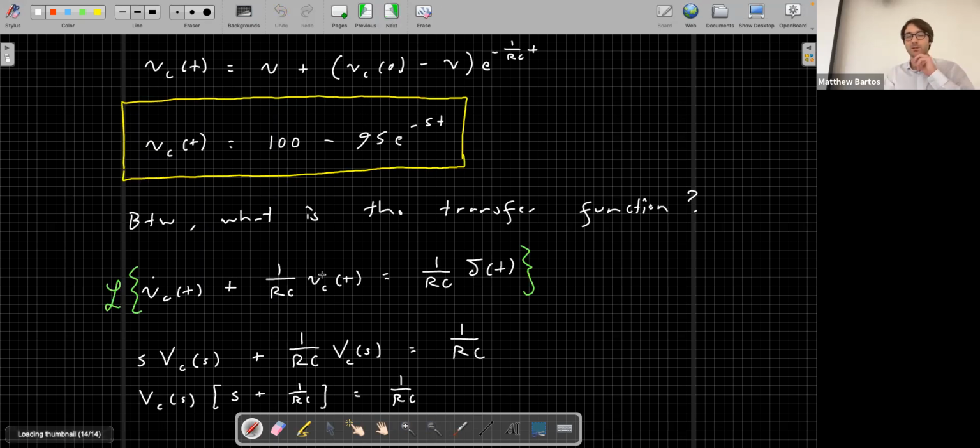Note that I probably wrote this in a way that I should not have here. The transfer function is when you're trying to go from some input u of t to some output. So actually, this is just some generic input u of t. When we take the Laplace transform, we get 1 over RC times U of s.